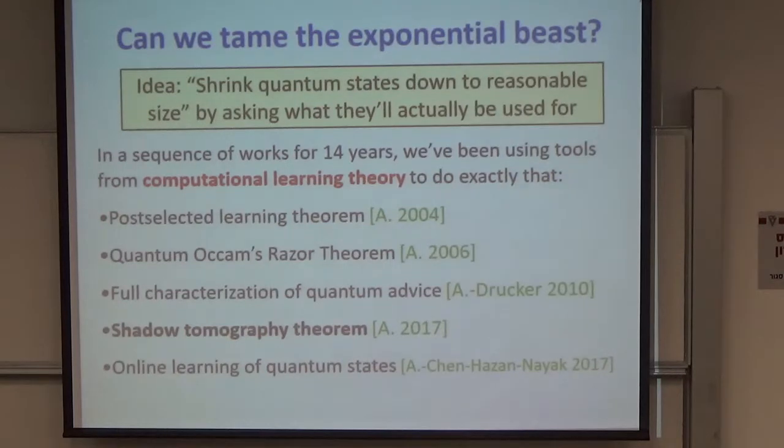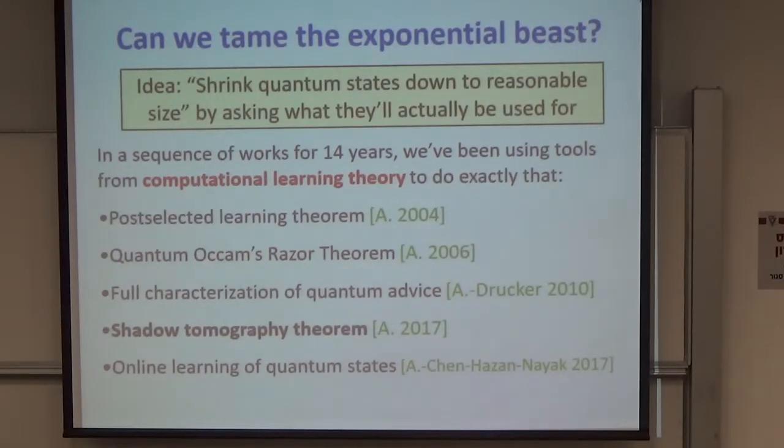And what this Occam's razor theorem said is, well, let's say that you have a probability distribution over two-outcome measurements on a quantum state, right? Let's say on an n-qubit state, okay? Now, you don't have to know this distribution, okay? But I'm going to tell you, you get a bunch of independent samples from this distribution.